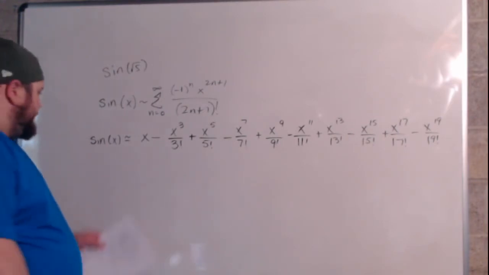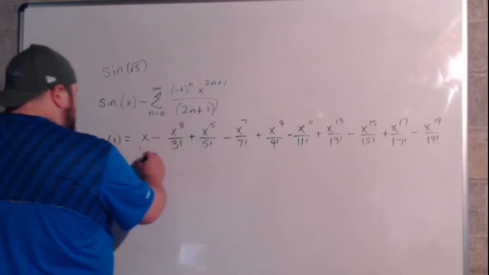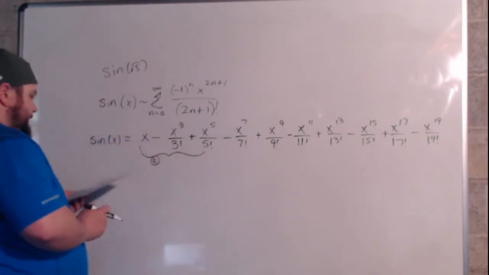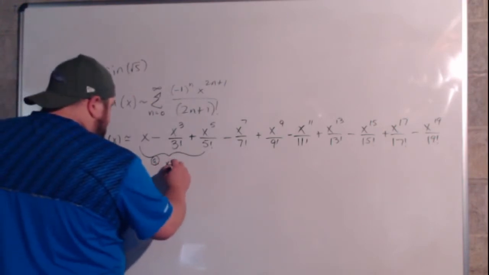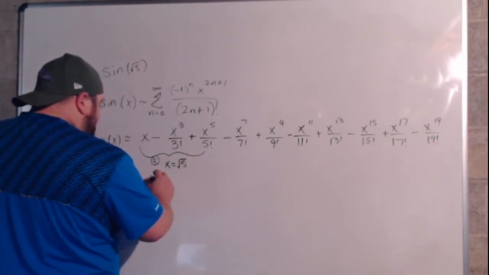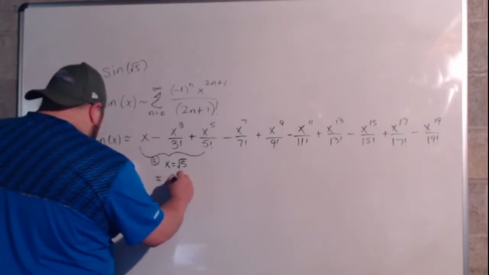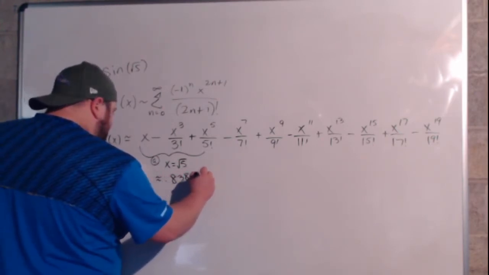So then part A says use these 3 to do a calculation. So if you let x equal square root of 5, this comes out to be about 0.838525.